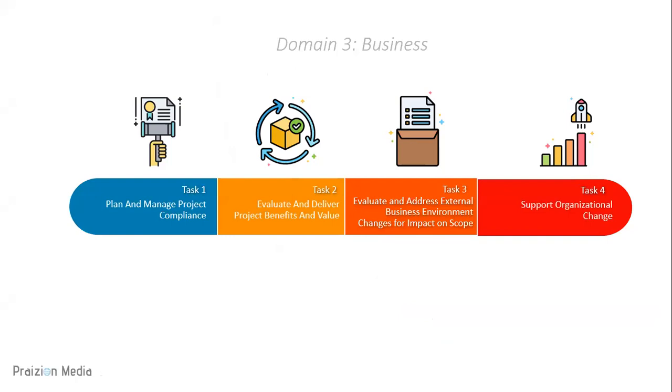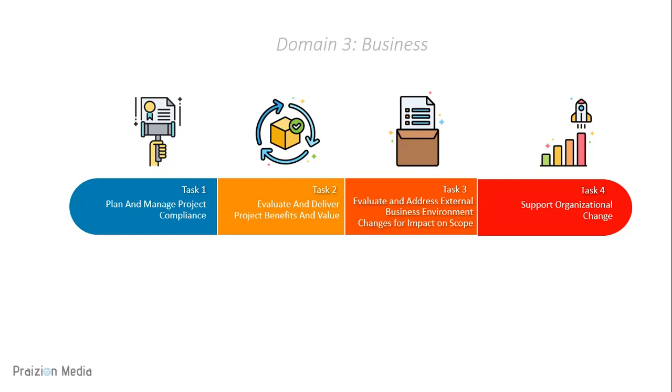Now, these are so overarching and high level that there's no need for us to go into every single one and re-engineer the order. It could happen right at the beginning that you're planning and managing project compliance. It could happen right from the beginning that you're evaluating and delivering project benefits and value.